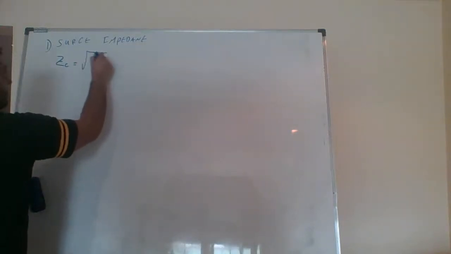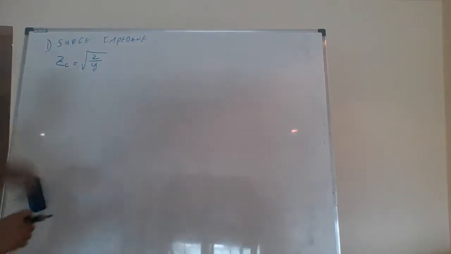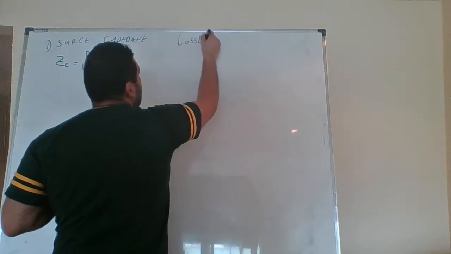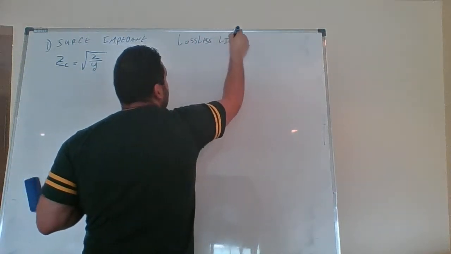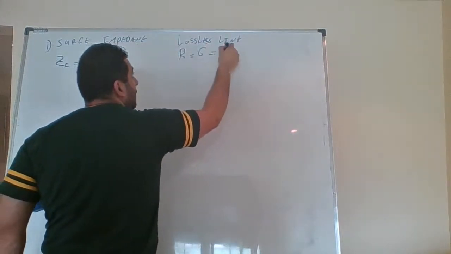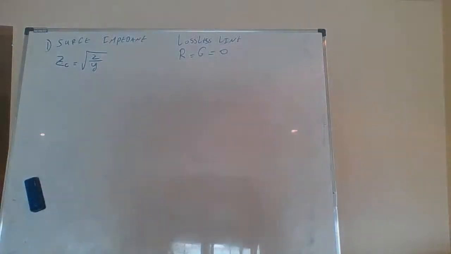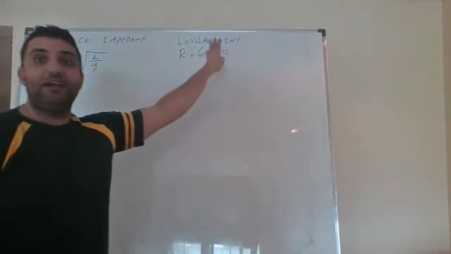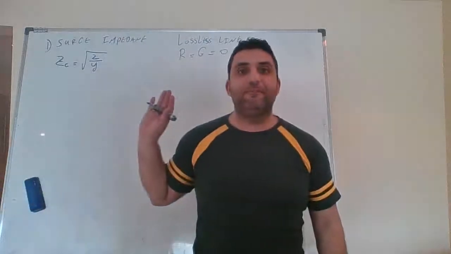Square root of Z over Y. Now, under the lossless line, that means R is equal to G is equal to 0. I have no real losses in my transmission line.